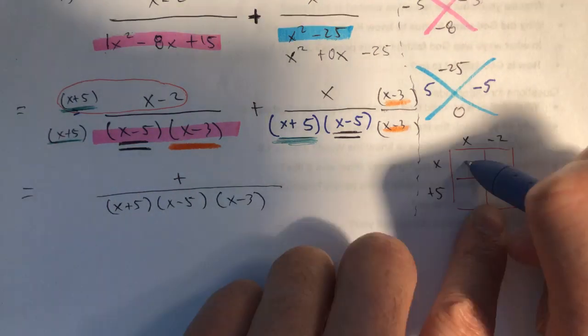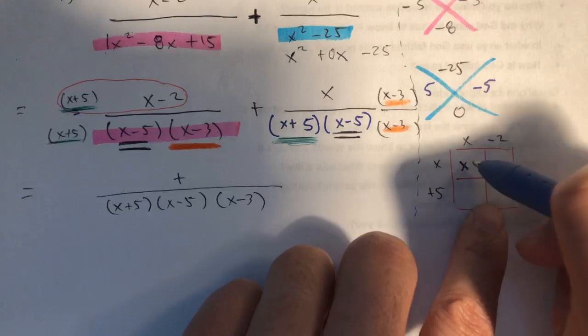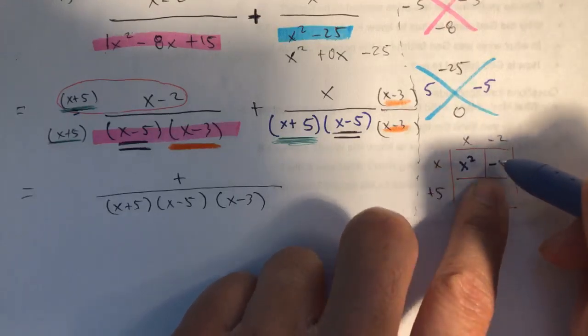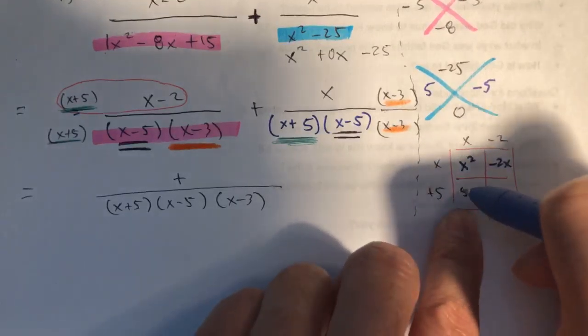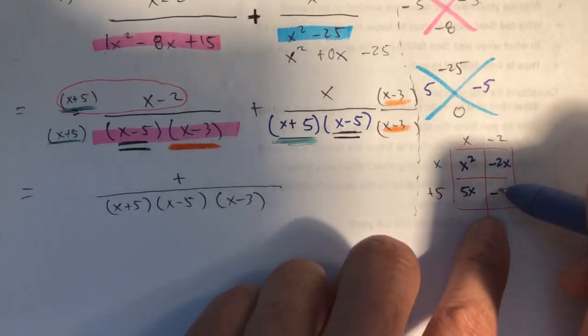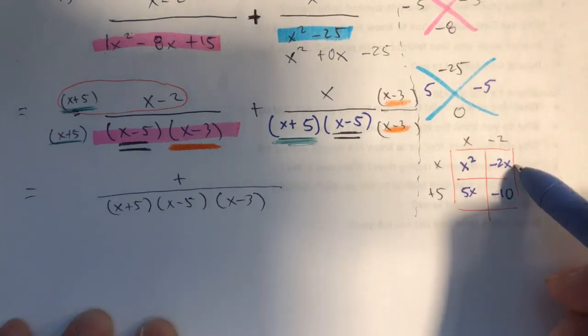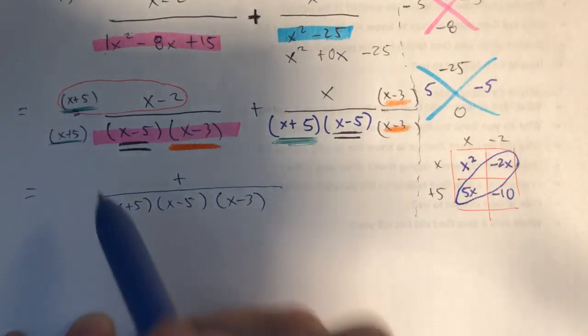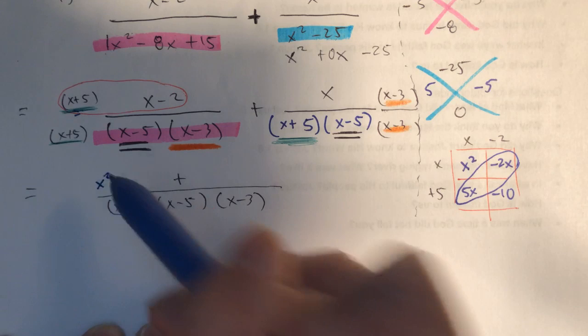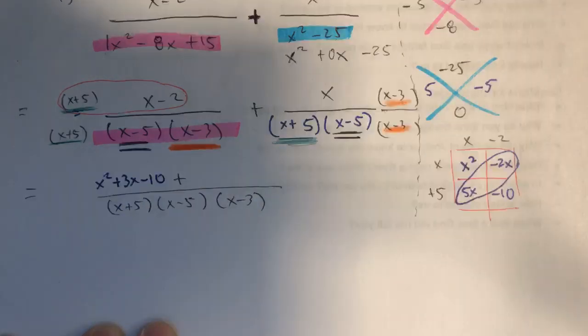This is essentially FOIL. So I have x squared, negative 2x, 5x, and negative 10. And if I combine like terms in here, these two are like terms. So I'm going to get x squared plus 3x minus 10.